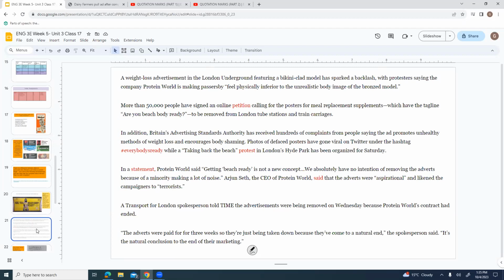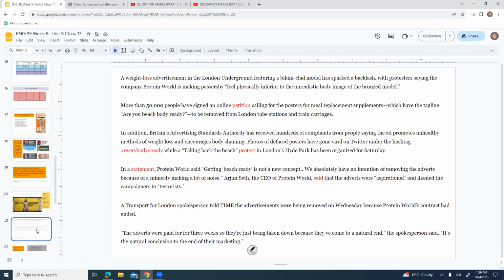In addition, Britain's Advertising Standards Authority has received hundreds of complaints from people saying the ad promotes unhealthy methods of weight loss and encourages body shaming. Photos of defaced posters have gone viral on Twitter under the hashtag everybody's ready, while a Taking Back the Beach protest in London's Hyde Park has been organized for Saturday.